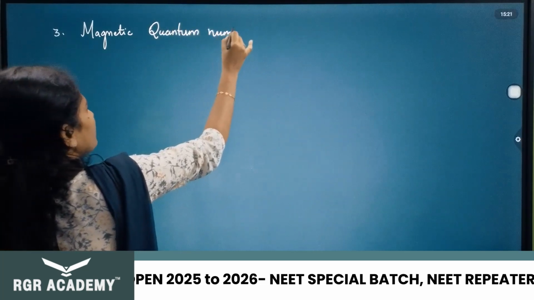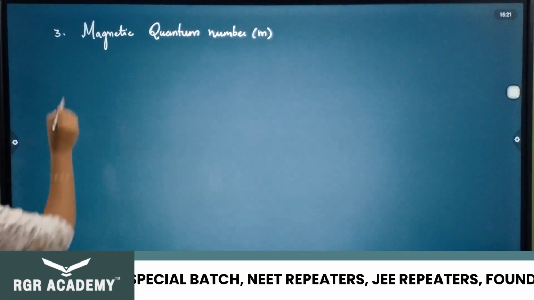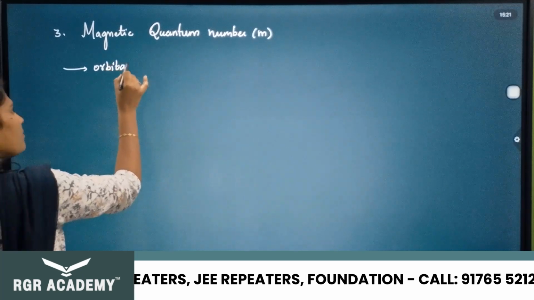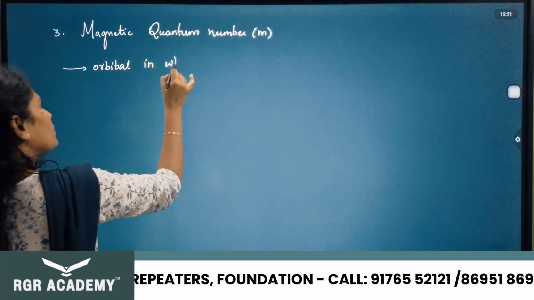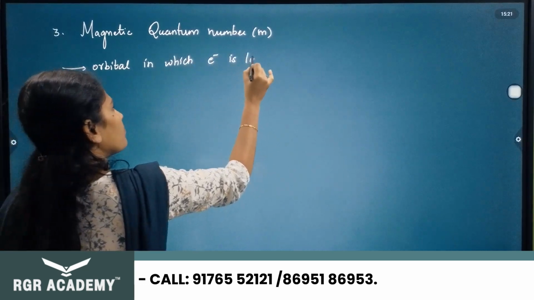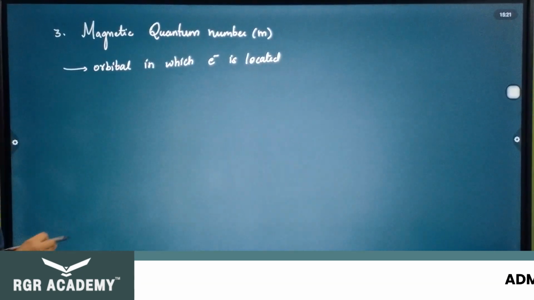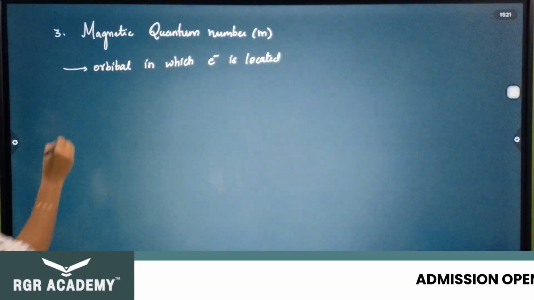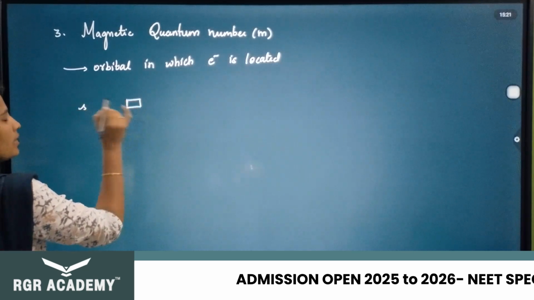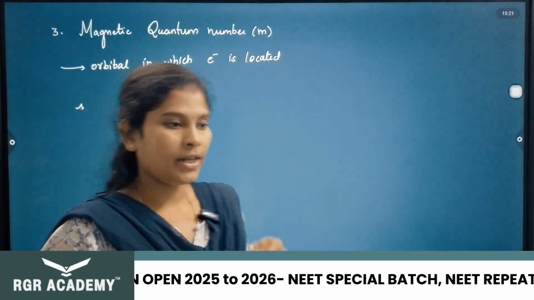The magnetic quantum number is represented by m. It gives information about in which orbital the electron is located. We can assign this m value for all the orbitals. First, the s subshell consists of only one orbital. How do we calculate the number of orbitals in a particular subshell?